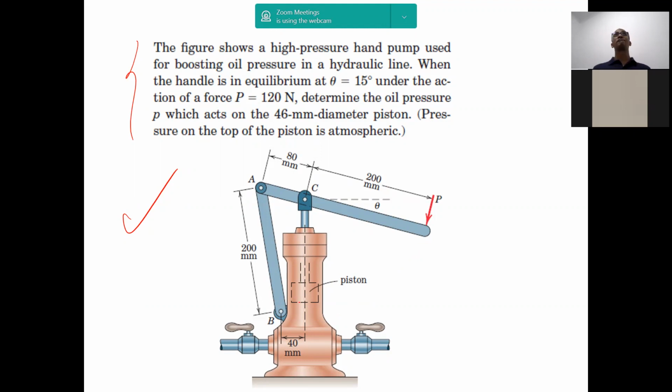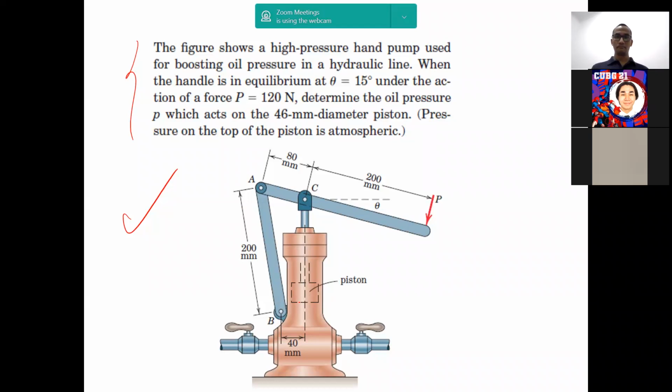Have you guys ever seen this or not? Raffi, have you ever seen this kind of device? Yes, sir. The one that pumps water. Yeah. Where did you see it? I often see it in kuburan, sir. Kuburan?